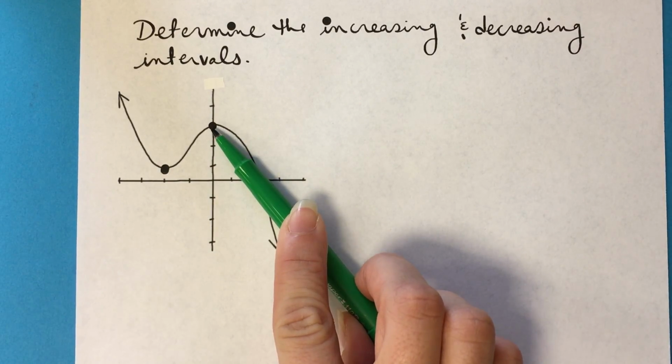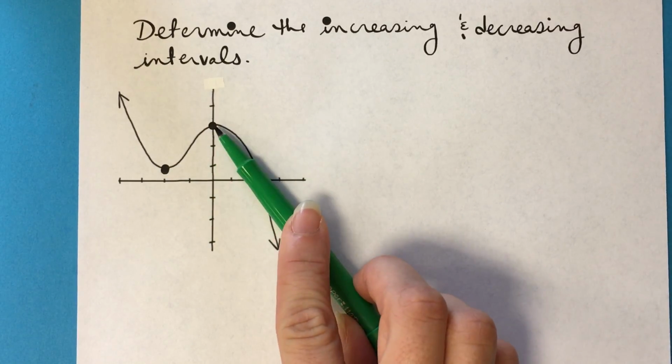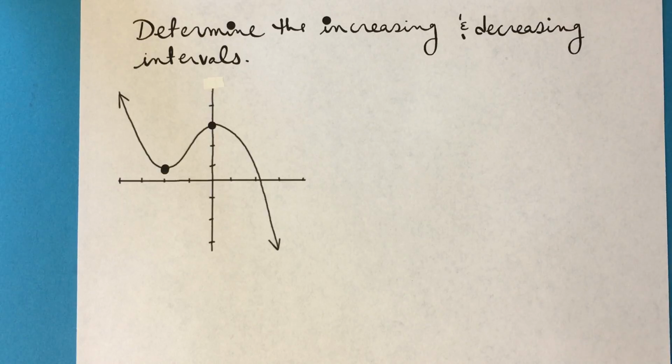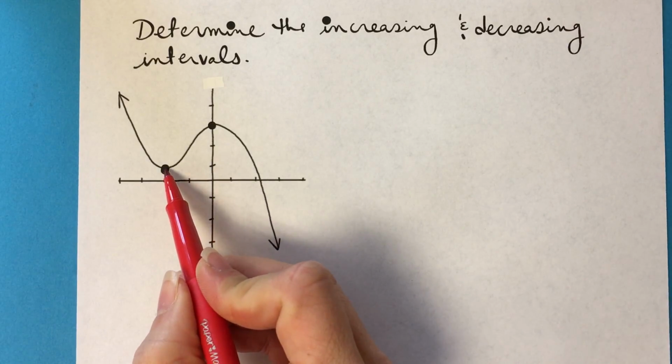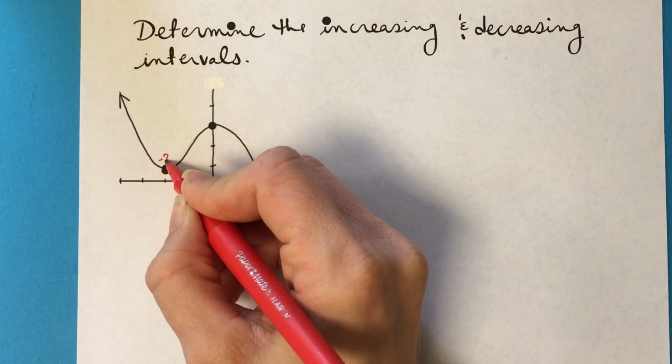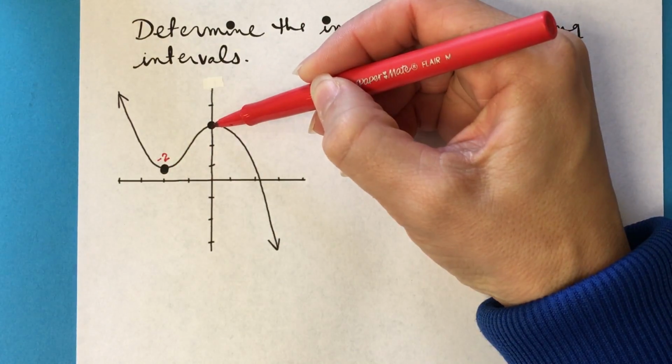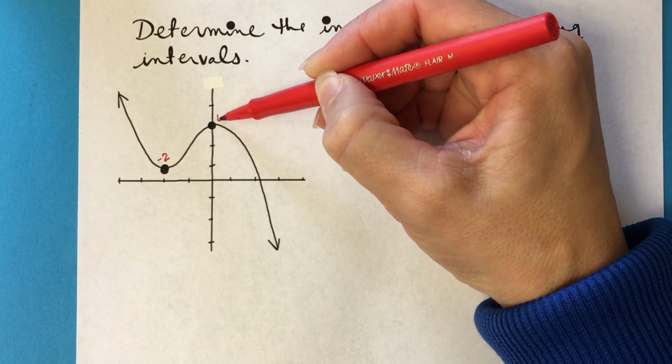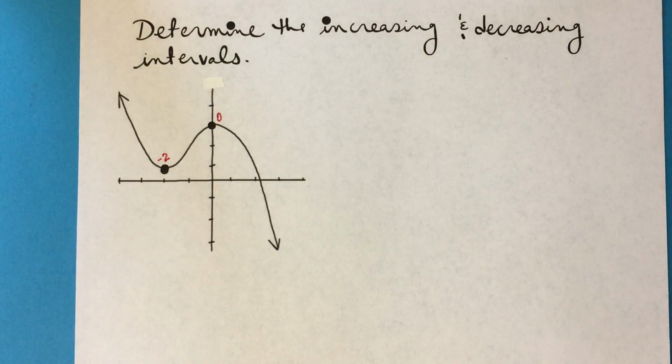Because I'm only going to use x values, right beside each of these points I'm going to write down the x coordinate. For this point, the x value is -2, and for this point, the x value is 0. So when I'm describing my intervals, I'm only going to be able to use -2 and 0.